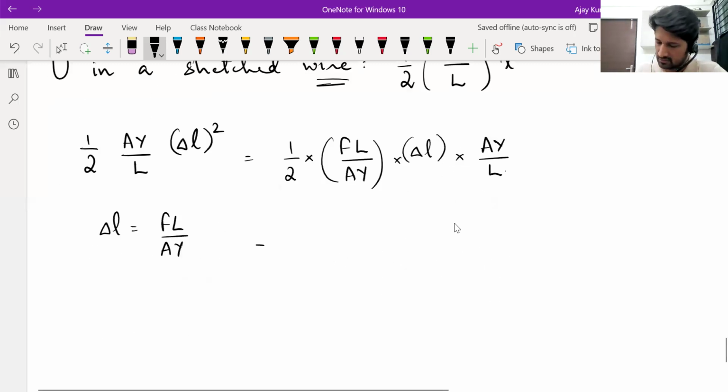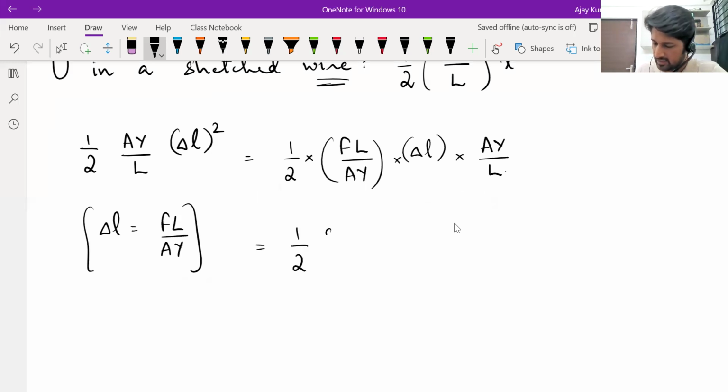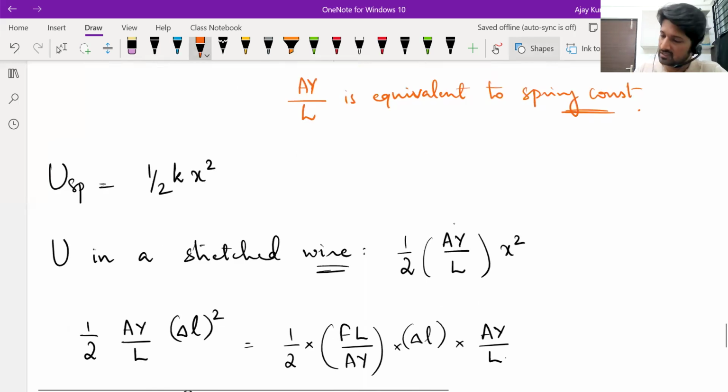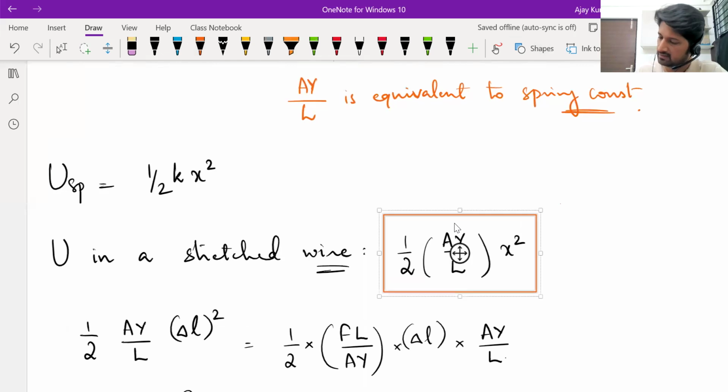Okay. So this becomes, now why I do this is because half F by A becomes the uniform stress in the wire. And remember this formula that we just derived. The potential energy stored in a stretched wire, half AY by L into x square. This is valid only when the stress is uniform.